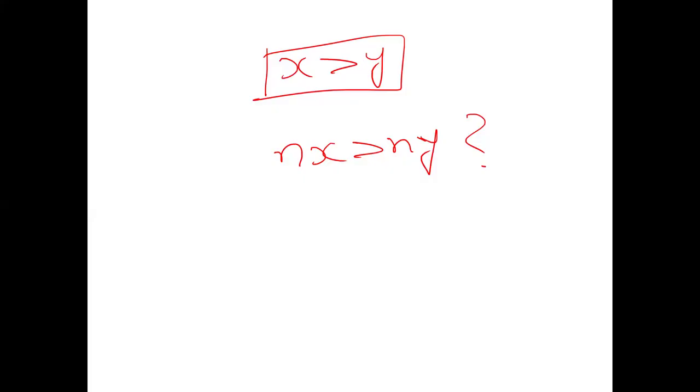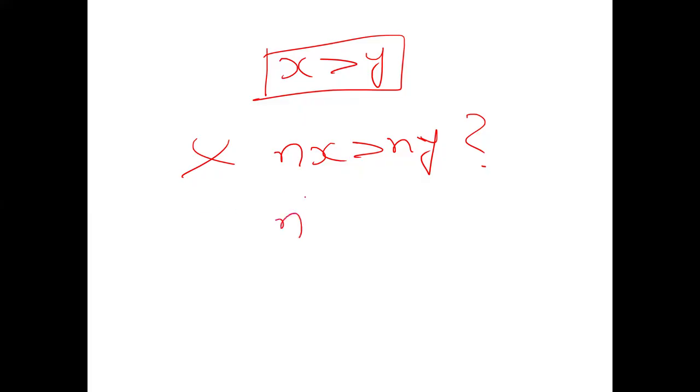No, it will depend upon the sign of n. Absolutely. So I cannot conclude this. The reason I cannot conclude this is because I do not know the sign of n. Because if n is negative, then the inequality sign would flip. Okay, so this is something that I cannot conclude.